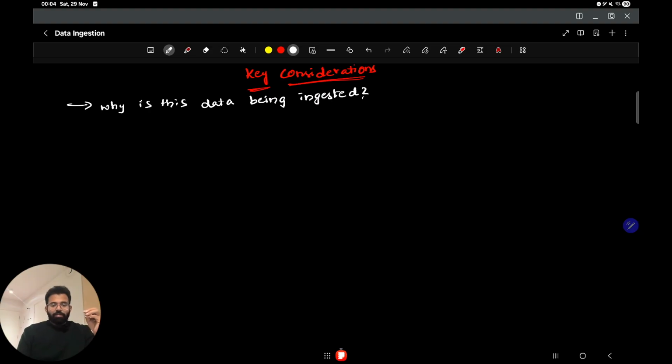For example, if you are making a fraud detection model, that requires good data freshness, so you might need to go with streaming.